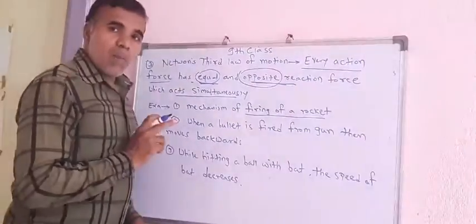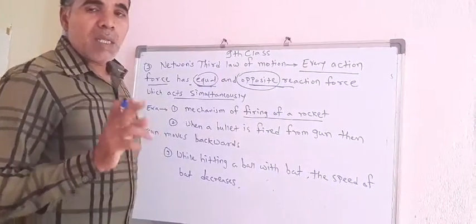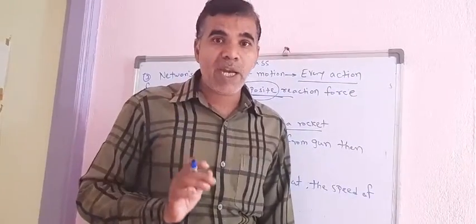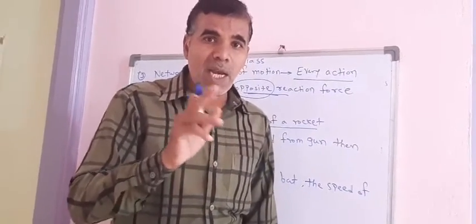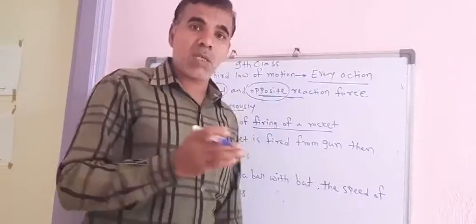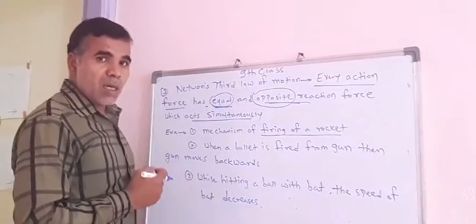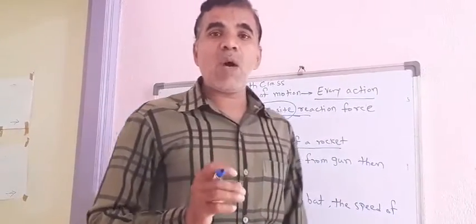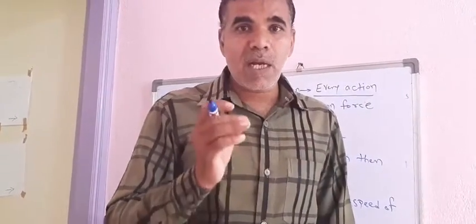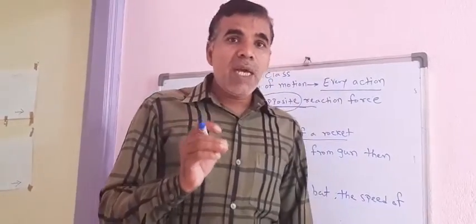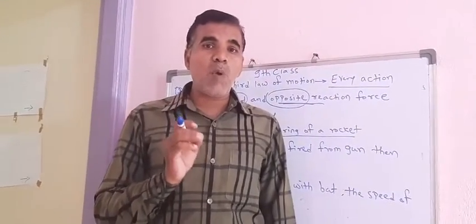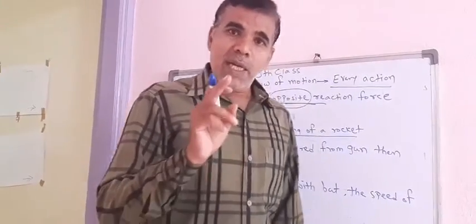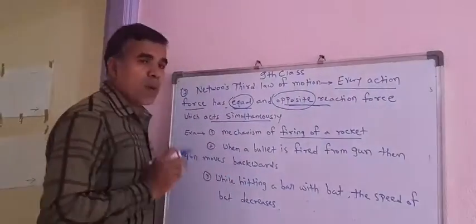Second, when a bullet is fired from a gun, the gun moves in a backward direction, because action and reaction occur simultaneously. Third, when hitting a ball with a bat, the speed of the bat decreases. In a cricket match, when a player hits the ball with the bat, the speed of the bat decreases. It is an example of Newton's third law of motion.